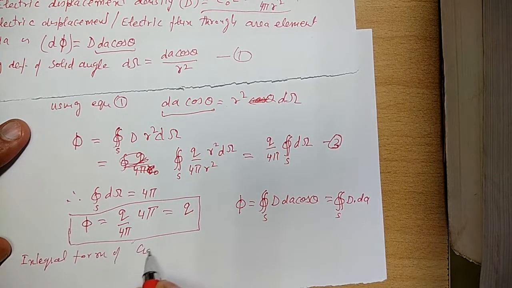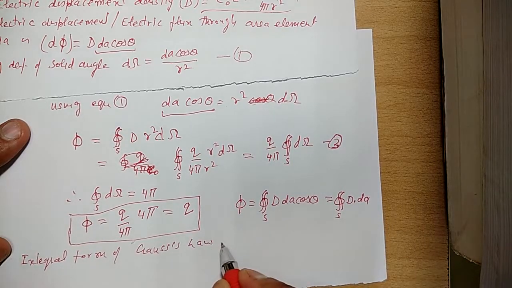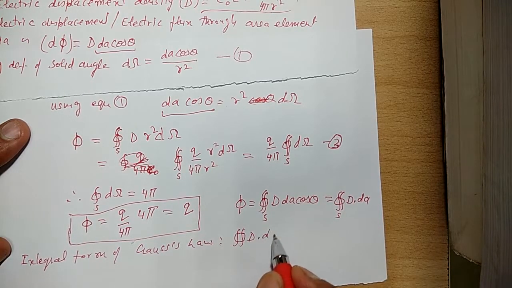of Gauss law. You can write this as d dot dA is equal to q. And this Gauss law is when we have discrete charges.